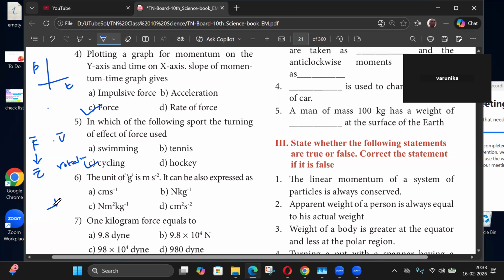So I'm applying force here, and this pedal will produce this torque, which will rotate this thing. That will rotate the wheel. So torque is rotating the wheel of the cycle. So this is the most appropriate because of turning effect.